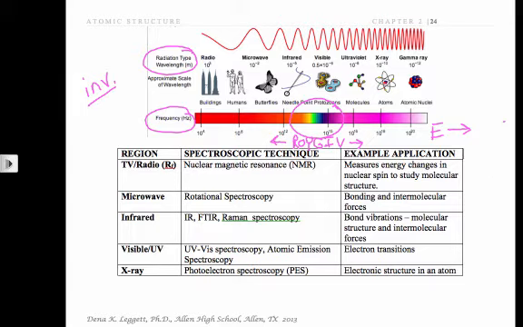Now, let's take a look at the types of spectroscopy that we would do on this. If you're talking about the TV and radio waves, we're talking about something called nuclear magnetic resonance. It's what an MRI is based upon, if you know anybody who has had an MRI. That studies nuclear spin. Not all nuclei have what we call a spin.